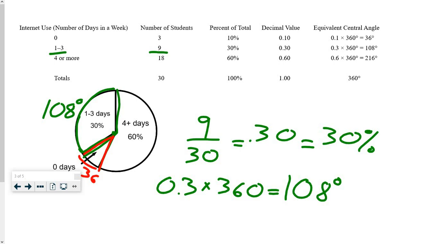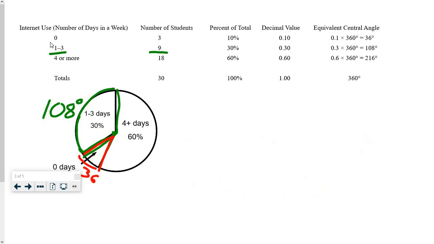And then to find out what the rest is, just to confirm that we have it all together, there are 4 or more days with 18 students, so 18 people use the internet 4 or more times a week. That's 18 divided by 30, which equals 60%, or 0.6.